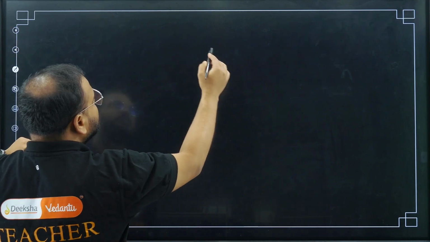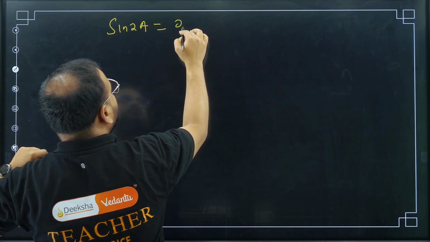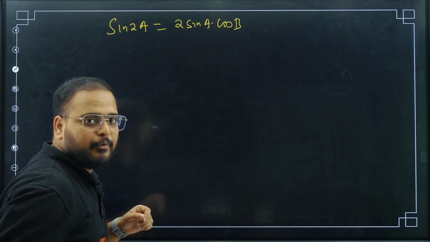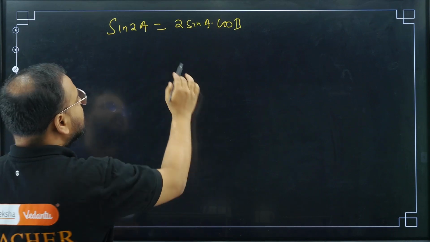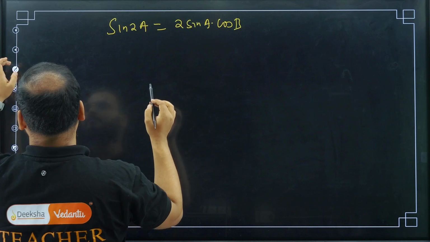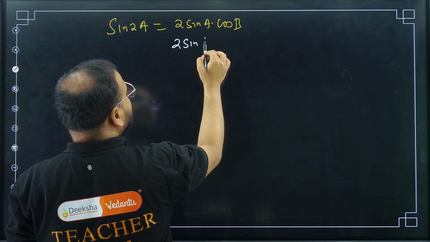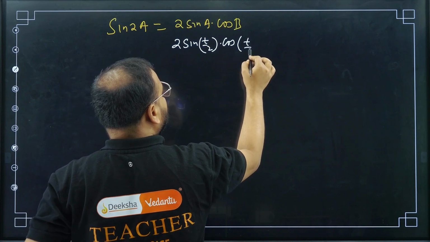Do you remember this formula? Sin 2a equals 2 sin a cos a. What is the condition in this case? It's written like this: 2 sin t by 2 times cos t by 2.